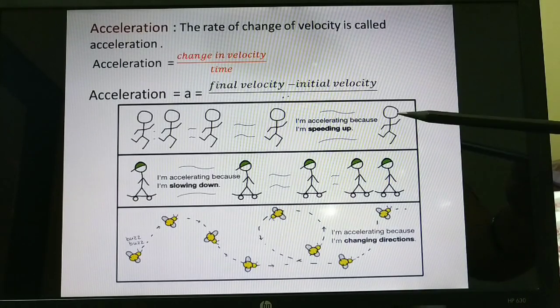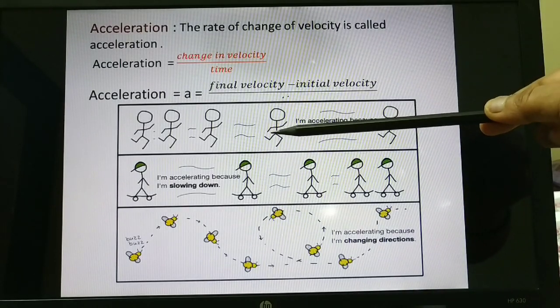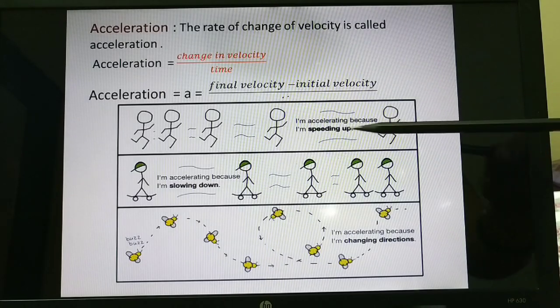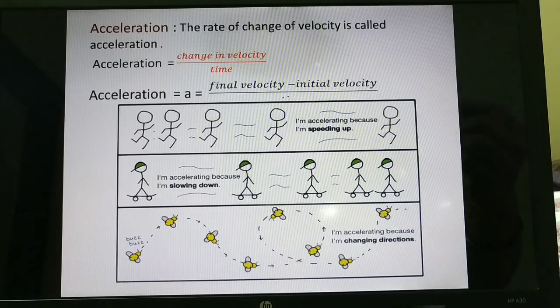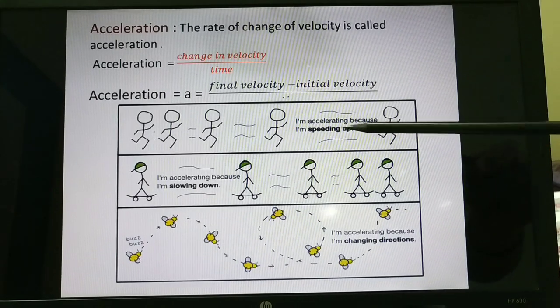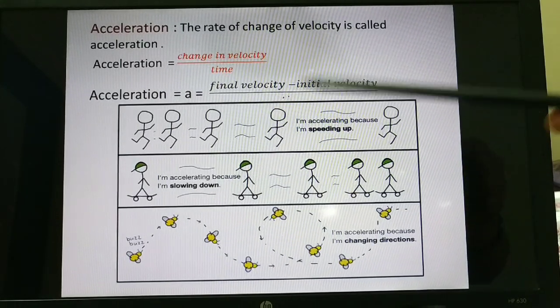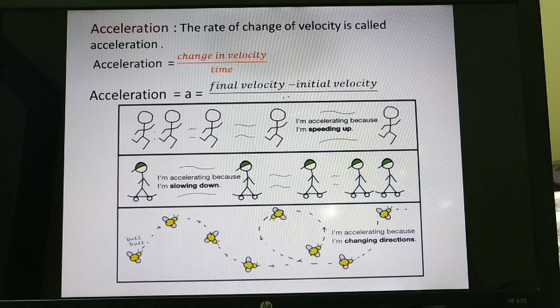So how to find the difference? Final velocity minus initial velocity, in relation to the time. How much time is taken to travel from the first point to the second point.